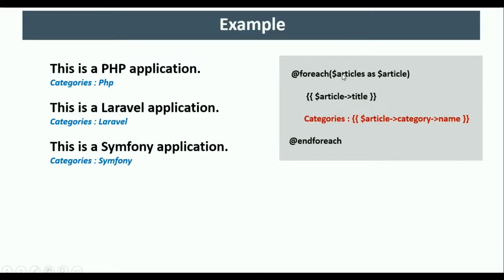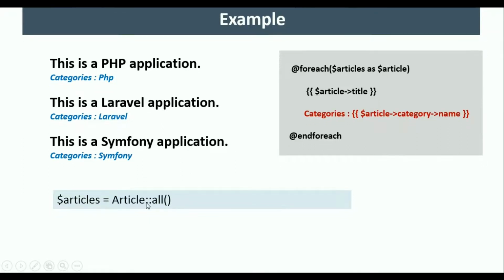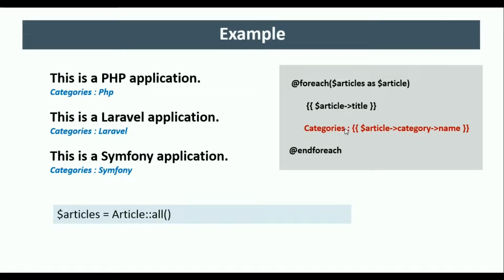If you are getting the data here like this, you have to use the Article all Eloquent query. So this will get all the articles, then the articles variable will come here, then one by one we are getting the title, and then it will execute another SQL statement. So in this way, how many times will the query execute? It will execute 4 queries to generate this particular list.